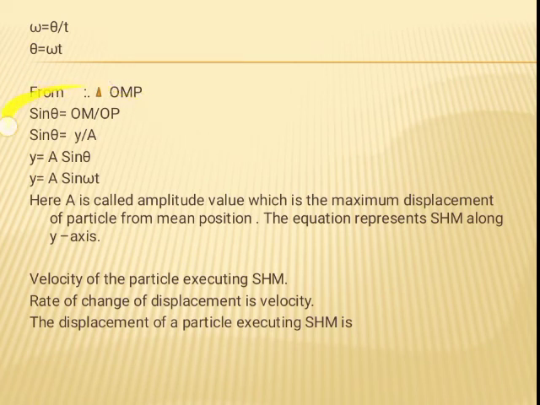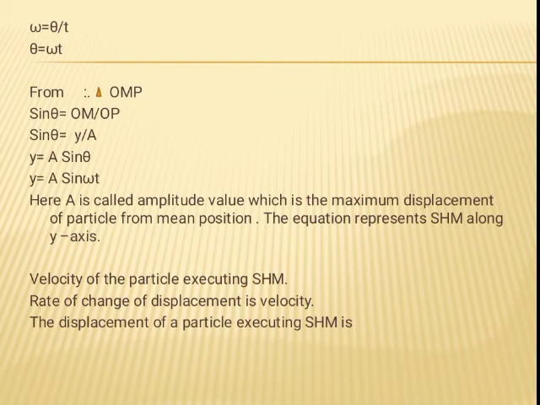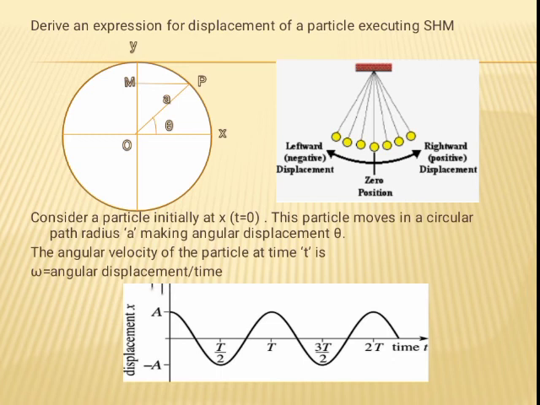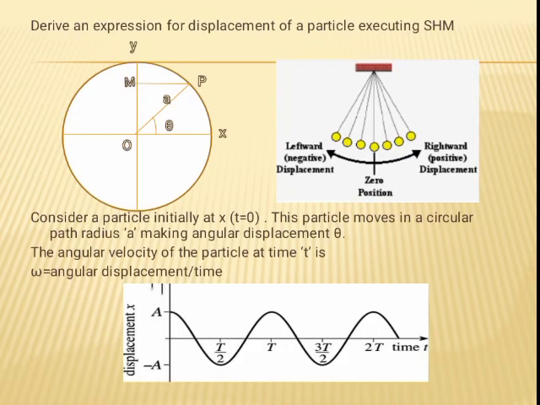So sin theta of the triangle OMP. If I consider this triangle, sin theta, what is it? They have given you here OM divided by OP, you can see here. OM divided by OP is opposite by hypotenuse, this would be your opposite and this would be your hypotenuse, right?